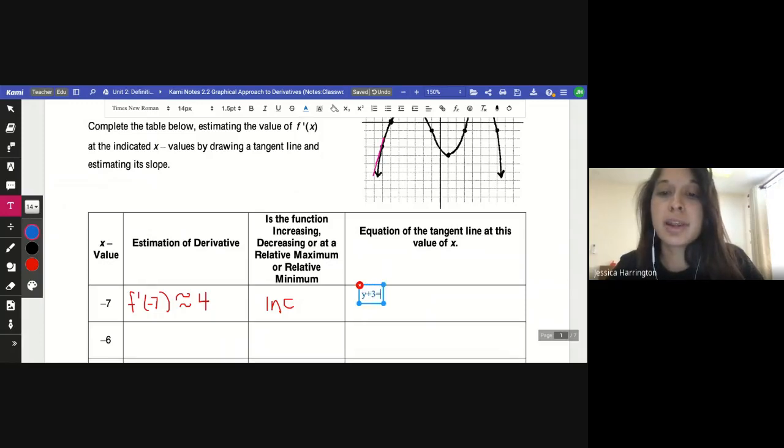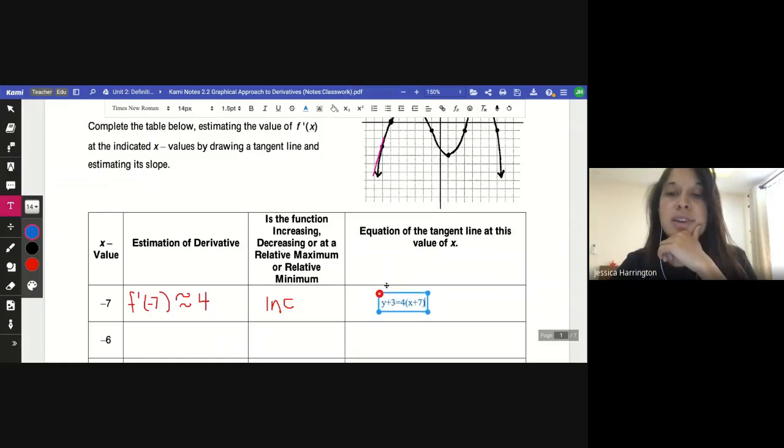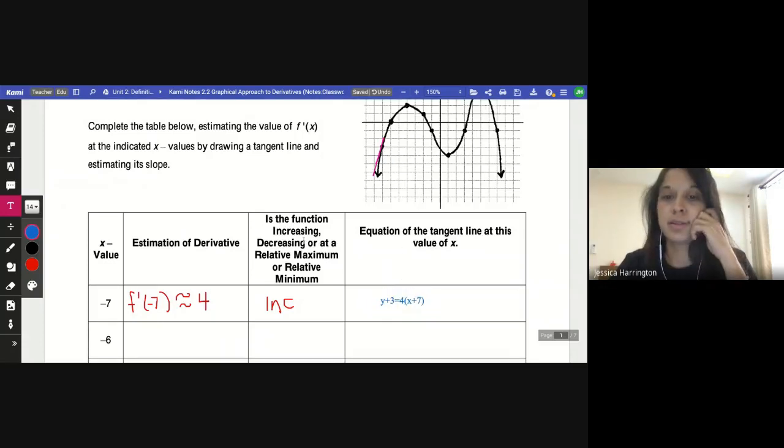Equals the slope, which we said is 4, times x minus x1. Well, x1 is -7, so x minus -7 becomes x plus 7. So that is the equation of the tangent line at this point when x equals -7.